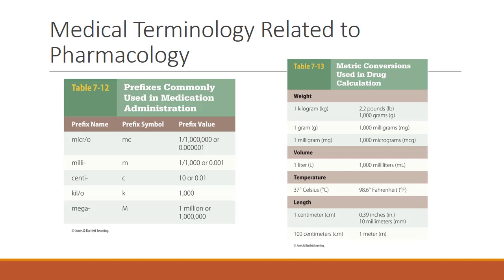So the first is micro, which its prefix is MC, and it indicates 1/1,000,000th of something. The next one is milli, which its prefix is an M. It indicates 1,000th of something. Centi is indicated by a C, and it indicates 10 of something.